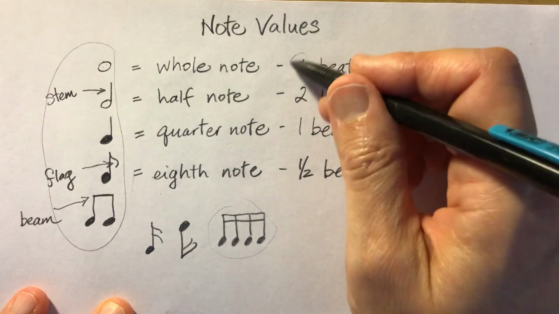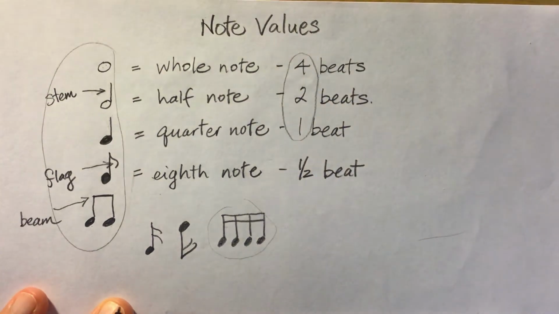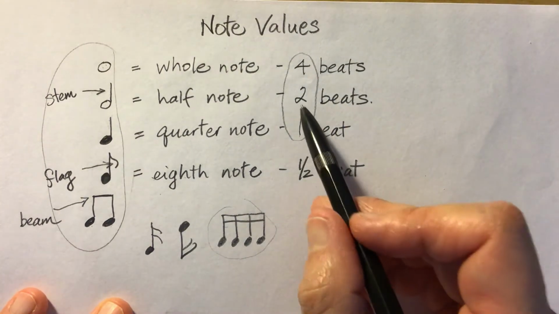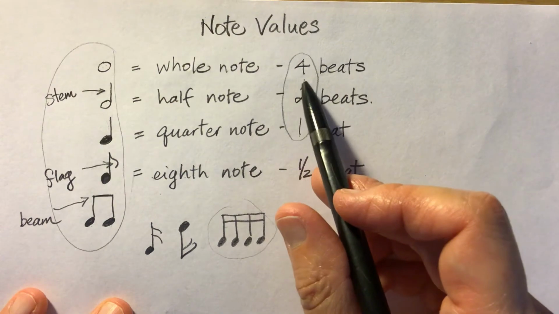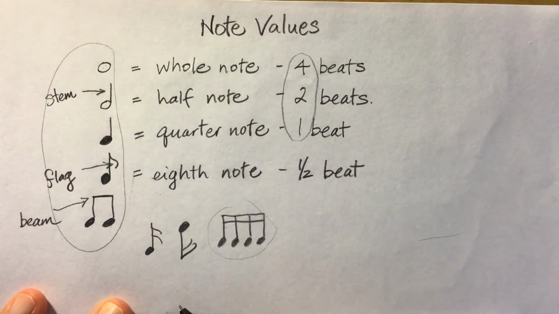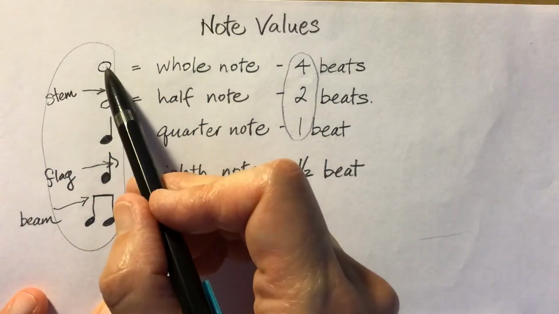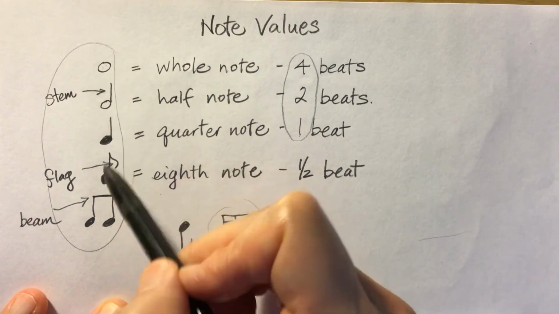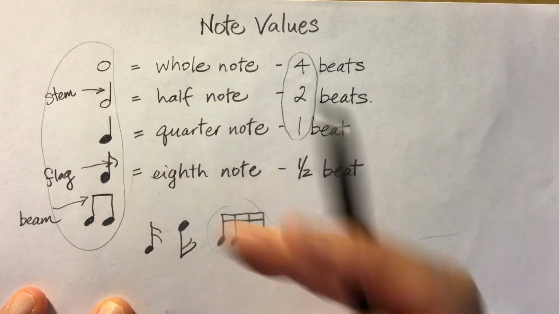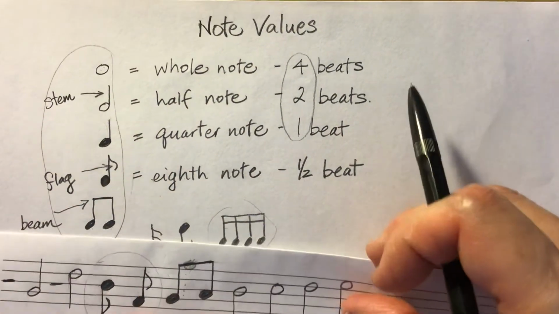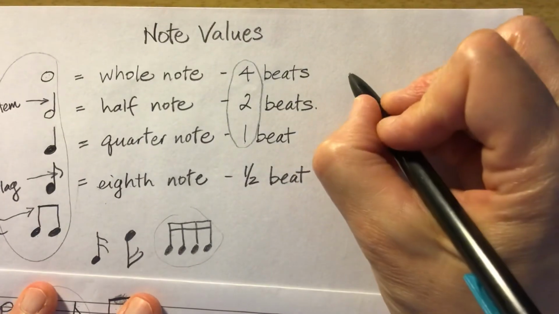But if you look at these, what's missing? You got a 1-beat note, you got a 2-beat note, you don't have a 3-beat note. Well, you could certainly have a 3-beat note. Any of these note values, you can add a dot to them. So this is what happens. Let's put it over here.